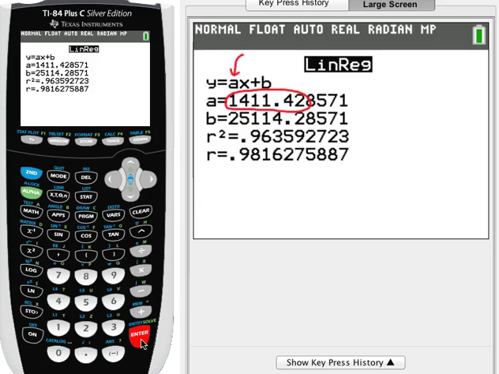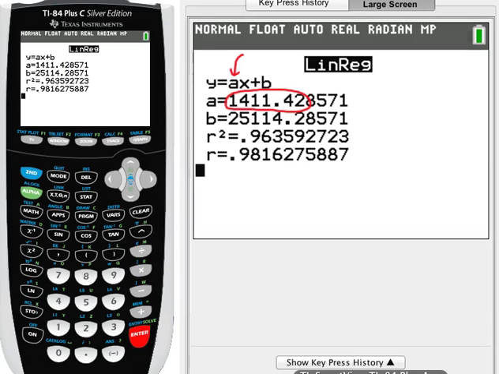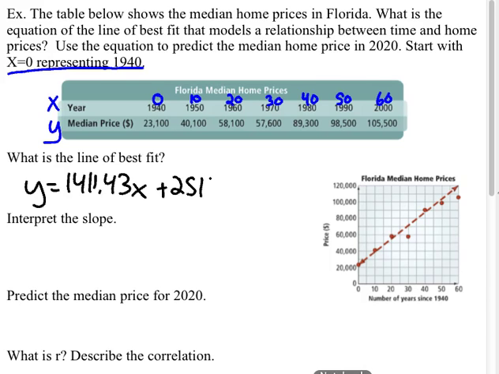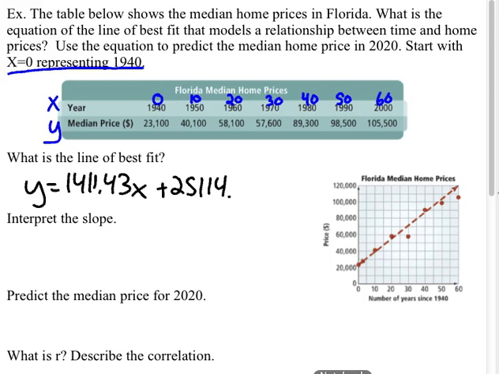When I write this, y equals 1,411.43x. And then this right here is my y-intercept, 25,114.29. So you just want to jot down what that equation is.